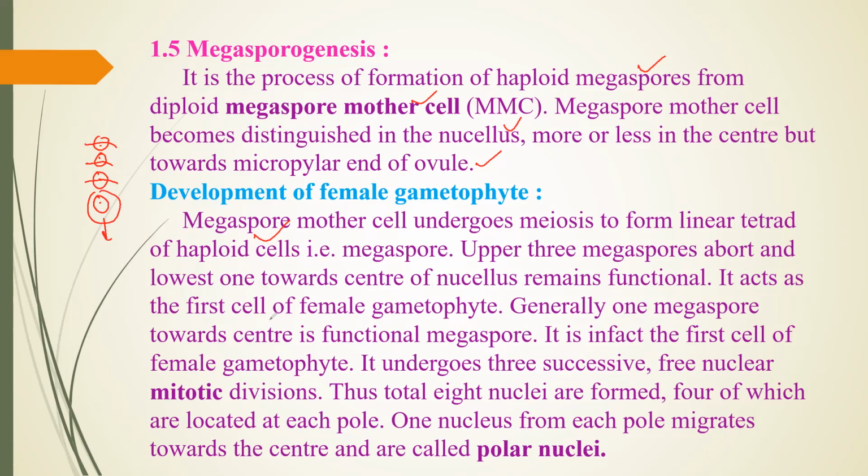It acts as the first cell of the female gametophyte, and generally one megaspore towards the center is the functional megaspore, and it is in fact the first cell of the female gametophyte. It undergoes 3 successive cell divisions. So pre-nuclear mitotic division.